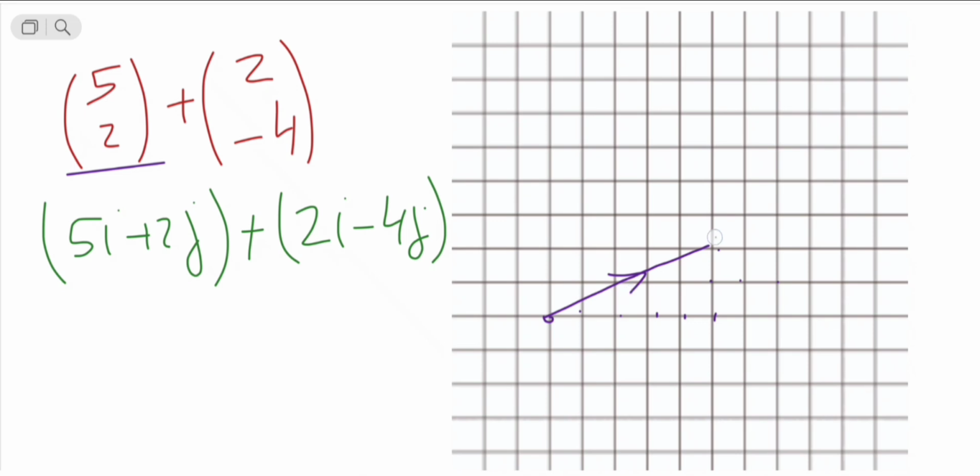Next, you will start from here. Plus 2 means you will move to the right, 1, 2, right side, then negative 4 down, 1, 2, 3, 4. This is the ending point. So this is the direction, you must write the direction. Then from starting to the ending, this is our final answer.